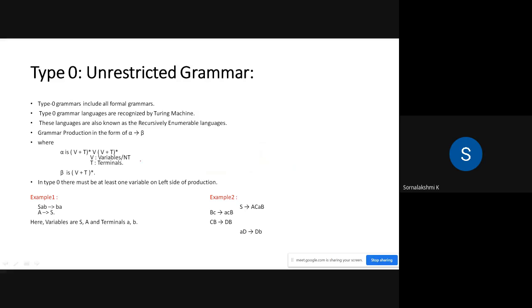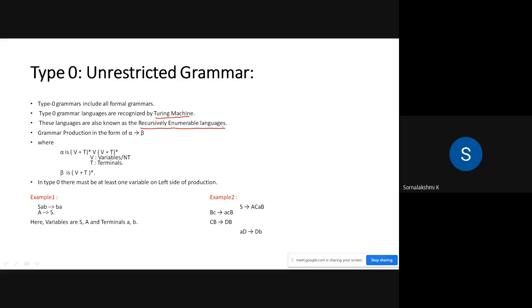Okay, so what is type 0? This is very simple. Just follow the key pointers alone. It is a superset, it includes type 0, type 1, type 2 and type 3 also. So it is least restricted. It is recognized by a Turing machine. The machine that accepts the languages generated by this grammar is the Turing machine, and the language is called recursively enumerable language.